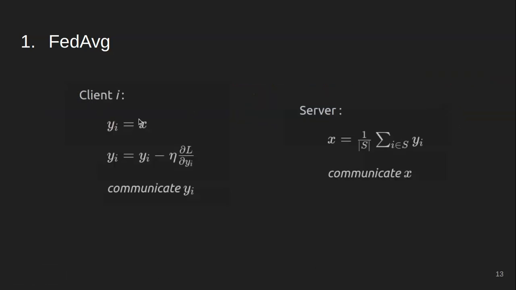In the case of the client, the X, which is the model that we received from the server, gets initialized as yi. Then we update this yi, which is our local model, using stochastic gradient descent. Here eta is the learning rate, and the gradient is the loss with respect to yi's parameters.